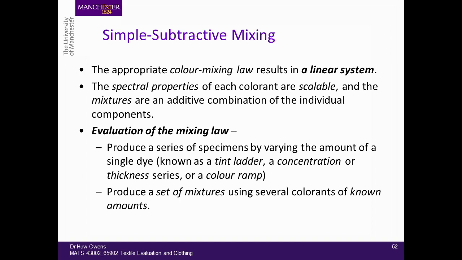The first thing we do is we take individual dyes, and then we make either different concentration solutions of those dyes, or we change the thickness of the same concentration of those dyes. This is an idea called a tint ladder, a thickness series, or a colour ramp.